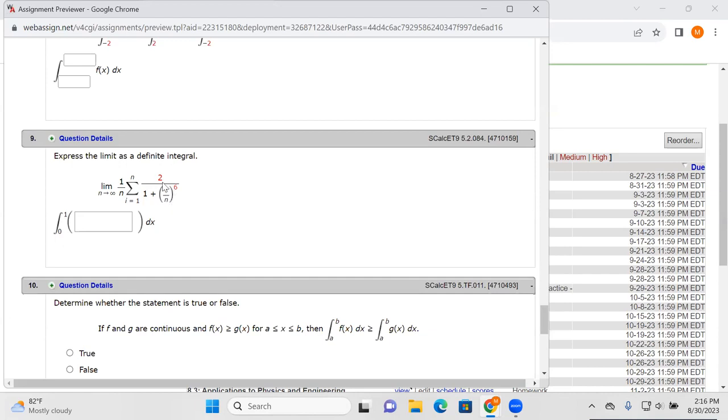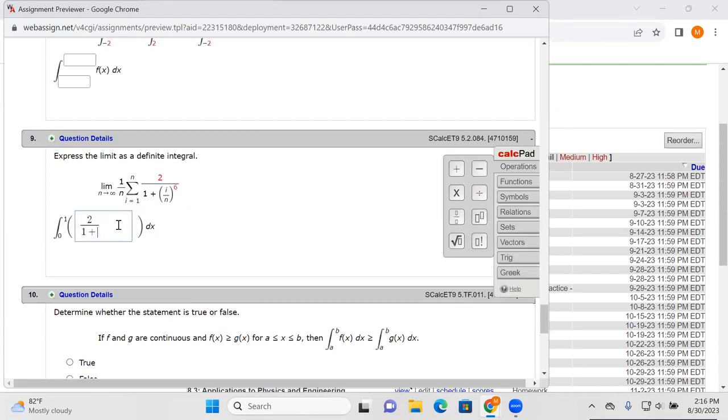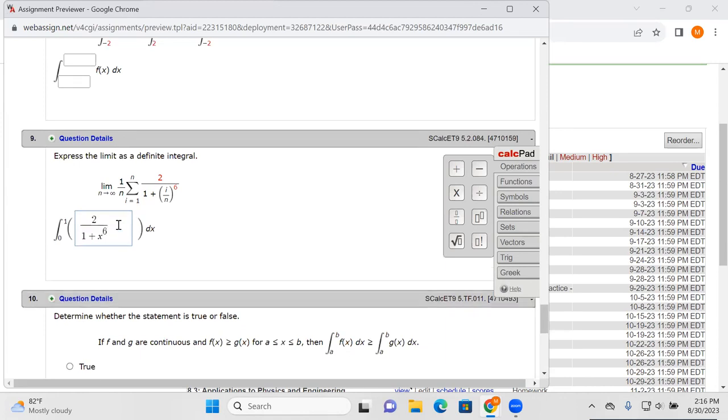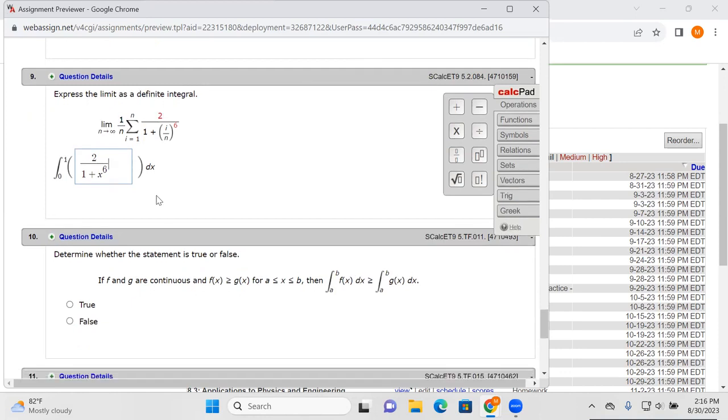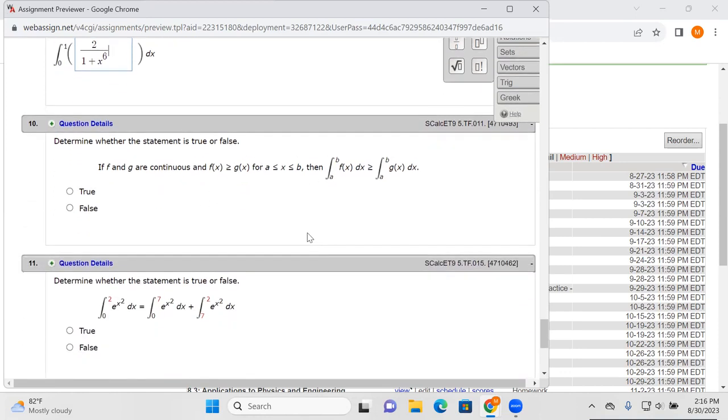But the function itself is just 2 over 1 plus x to the 6th. So I see 2 divided by 1 plus x raised to the 6th. That's what I see in there. The 1 over n is the width of each rectangle. That's been factored out of our sum, which is perfectly fine. That's just using the distributive property. Right, greater function, greater area. We talked about that in class today.